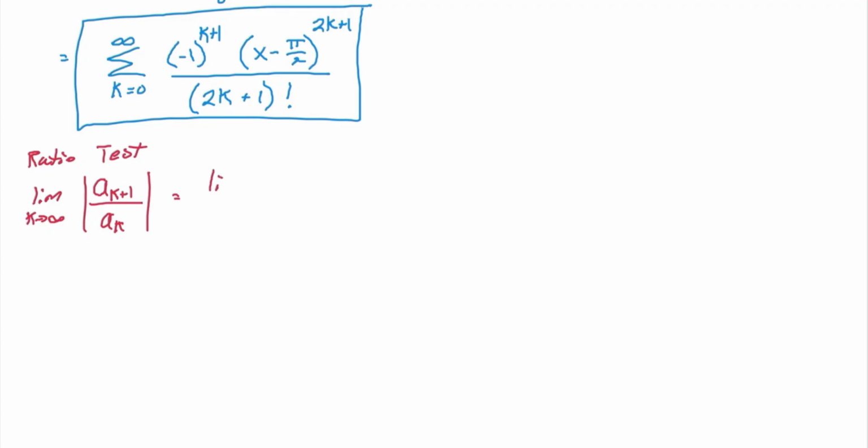That is the limit, k is getting big, of negative 1 to the k plus 2 times x minus pi halves raised to the 2k plus 3. That might be a little tricky.